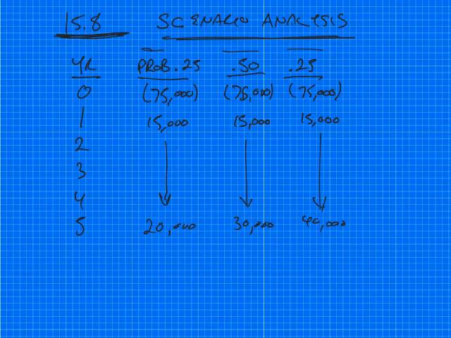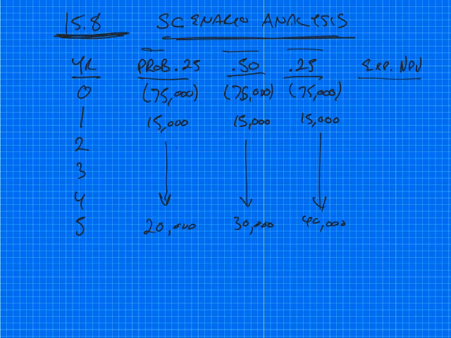The first question is, what is the project's expected NPV? So I would do this: I'd put another column here, expected NPV.